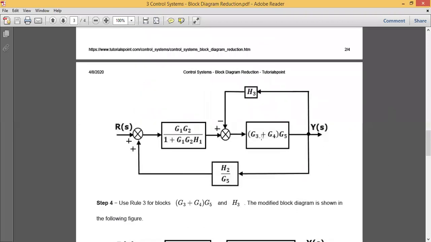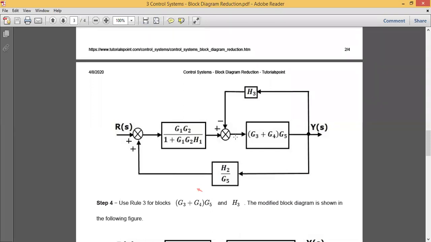Here you can see G3 plus G4 is being multiplied with this block because they are in series. Therefore this becomes only one block. Then check again and apply all the rules for the modified diagram. In the modified diagram I have only feedbacks left.